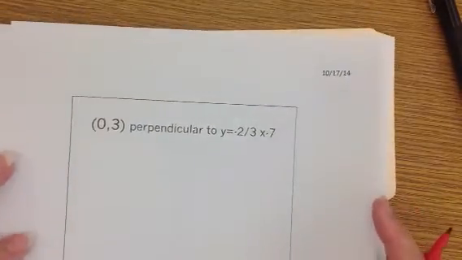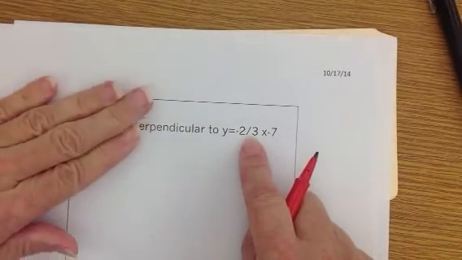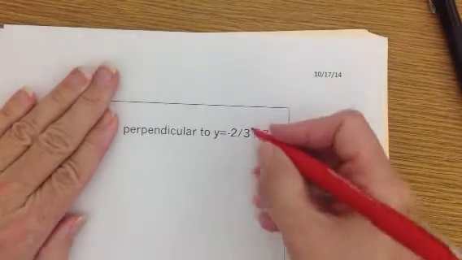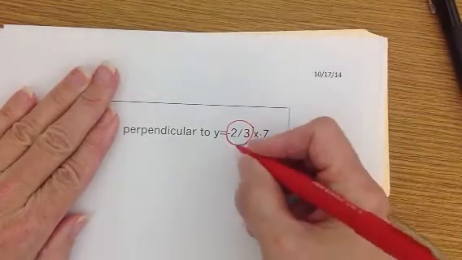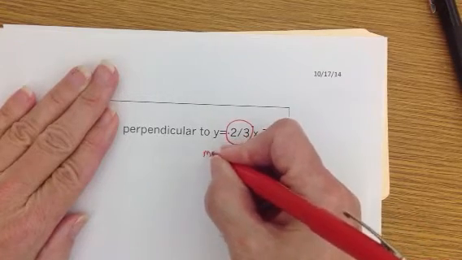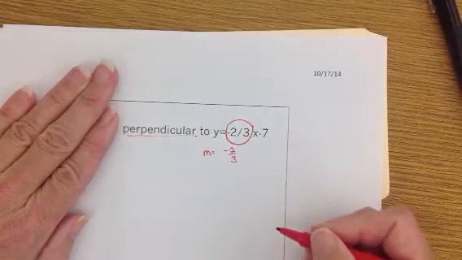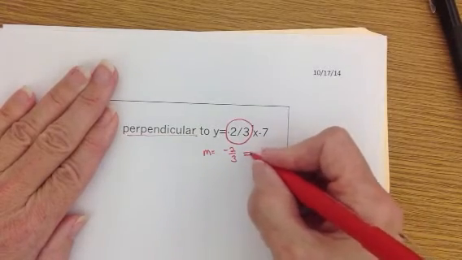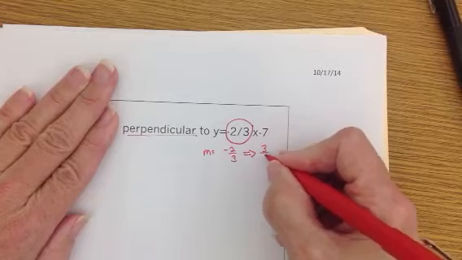I want a line that goes through this point that's perpendicular to this line. Forget about that point for now. Here I'm just going to gather my slope out of this. My slope right now is negative 2/3, but my instructions are asking for perpendicular. So the slope I'm going to use is not negative 2/3. It's going to be positive 3 over 2.